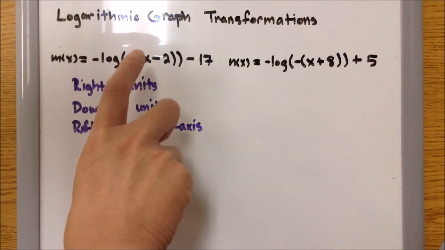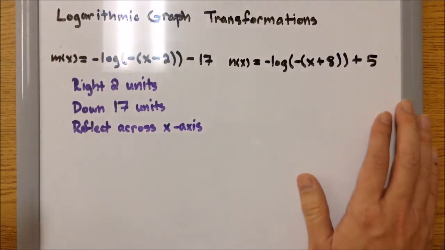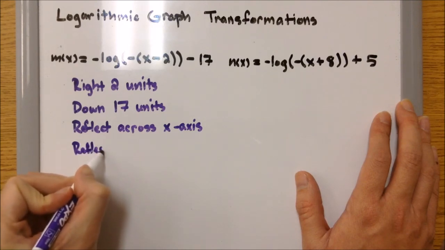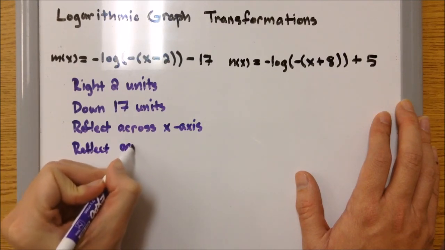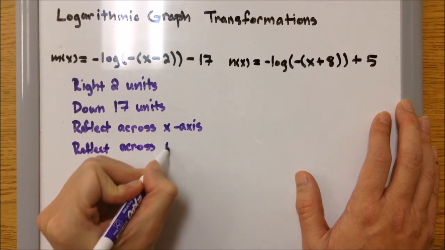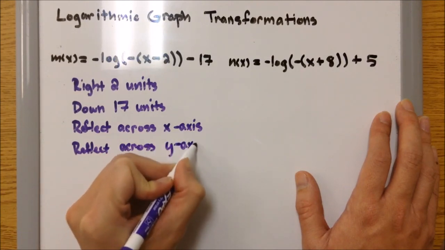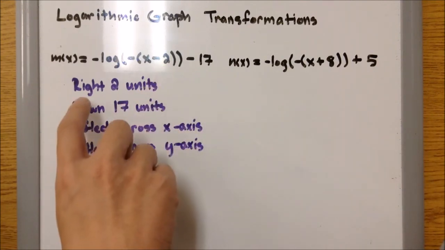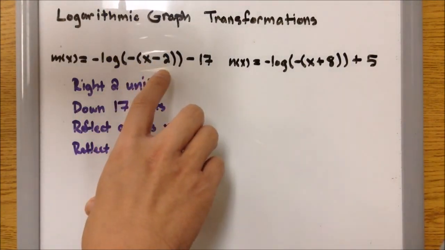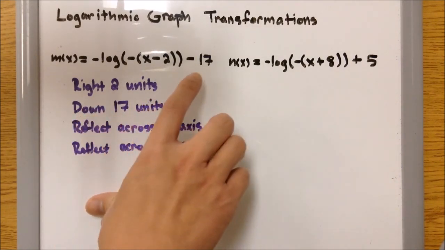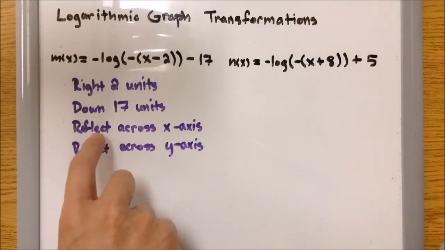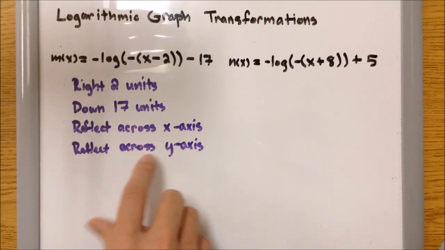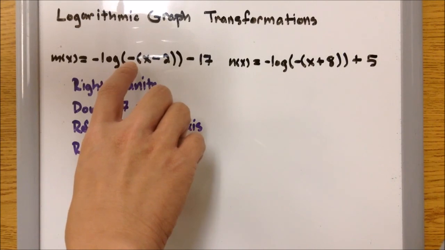And in this case, it's in front of x, it's going to be reflect across the y-axis now. The y-axis. So again, right 2 units because x minus 2, down 17 units because of the minus 17, reflect across x-axis because of the negative in front of the function, and then reflect across y-axis because the negative is directly in front of x.